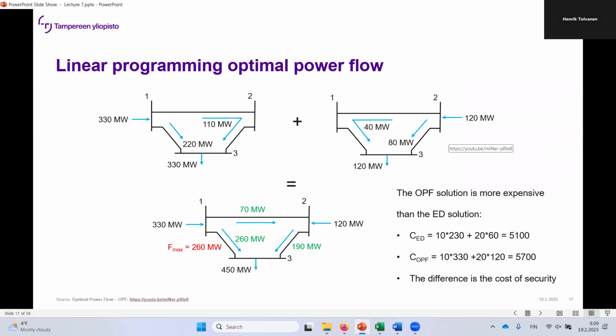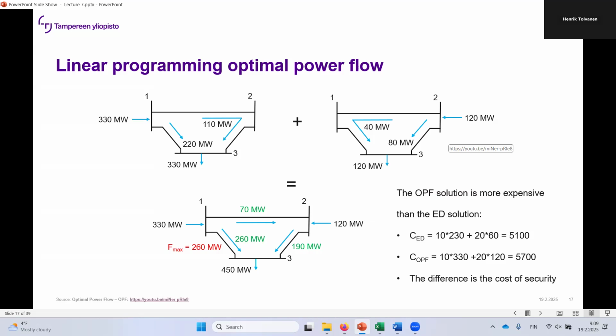But since I'm not an electrical engineer and this course is not solely on electrical networks, I'm going to leave it out of the scope. And if you want, you can see the video with a better explanation than I would ever make.